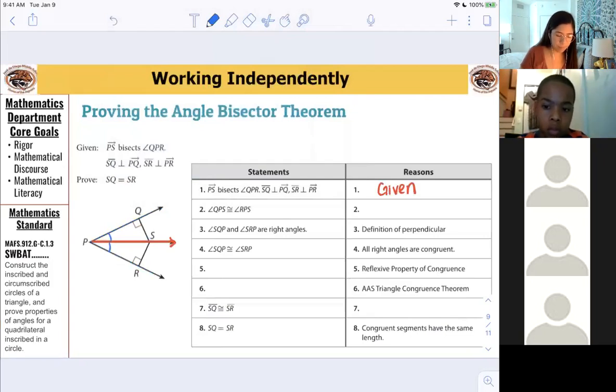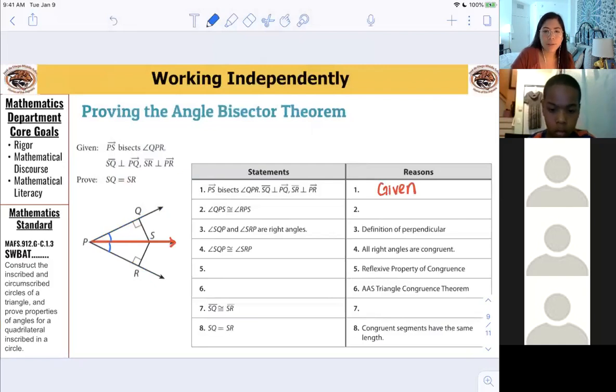Well, Q and R are both right angles, so they would be congruent, but that doesn't tell me anything about QPS and SPR. How do I know that QPS is congruent to SPR? Isn't it because PS cuts it in half into equal parts?